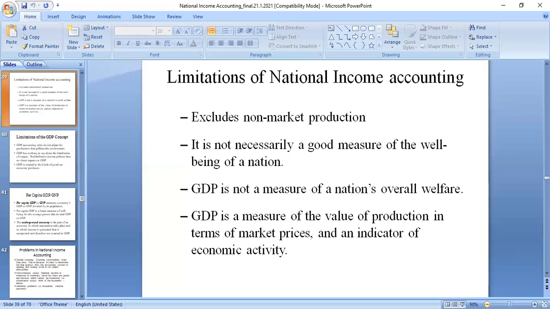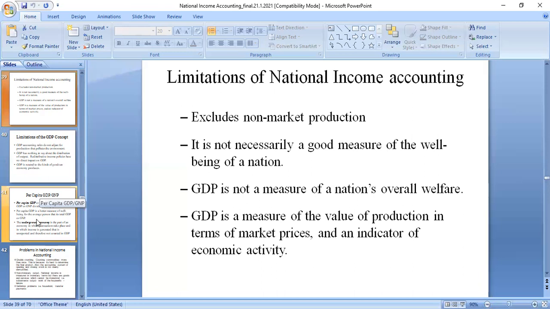And then GDP is a measure of the value of production in terms of market prices and an indicator of economic activity. So it only considers the economic activity. Of course, it looks at market prices, but how about those other goods that are not on the market? So it eliminates the non-monetary value.